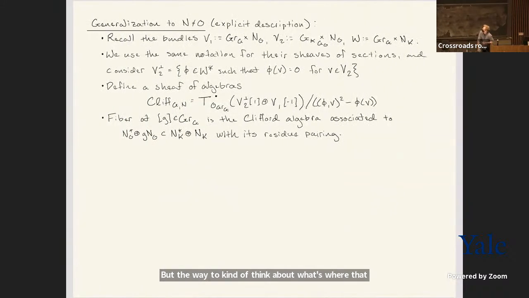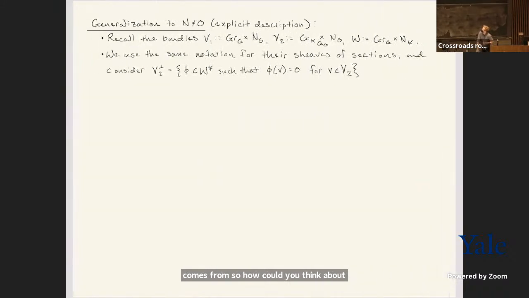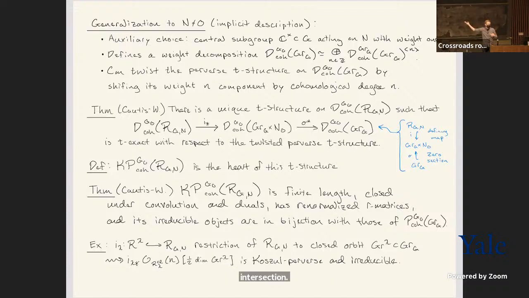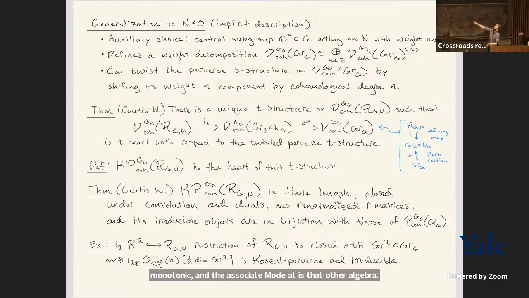How could you think about just the normal natural linear causal duality? If we think in terms of monads, you're saying you have sheaves on this derived intersection. You restrict to the zero section. That functor is monadic, and the associated monad is that other algebra. Now, if you look at this functor here, if you compute the monad associated to this functor, that will be described by this intermediate Clifford algebra.